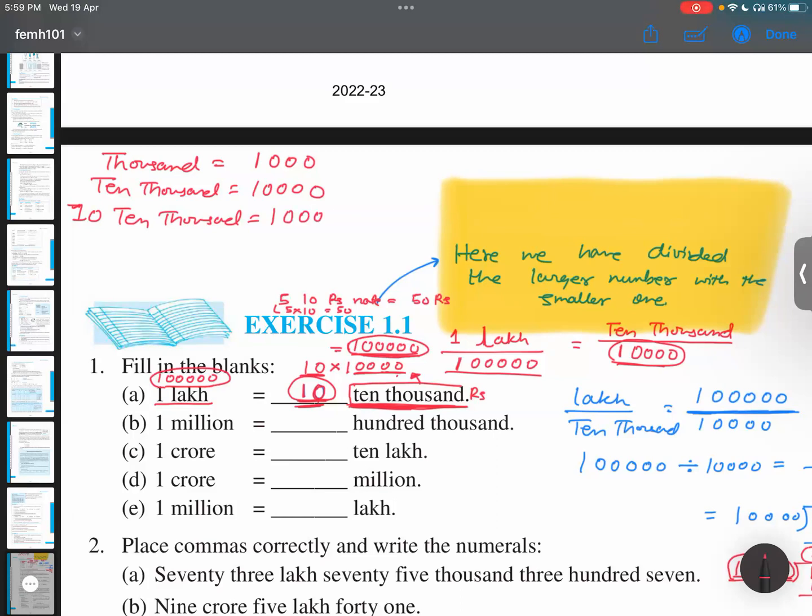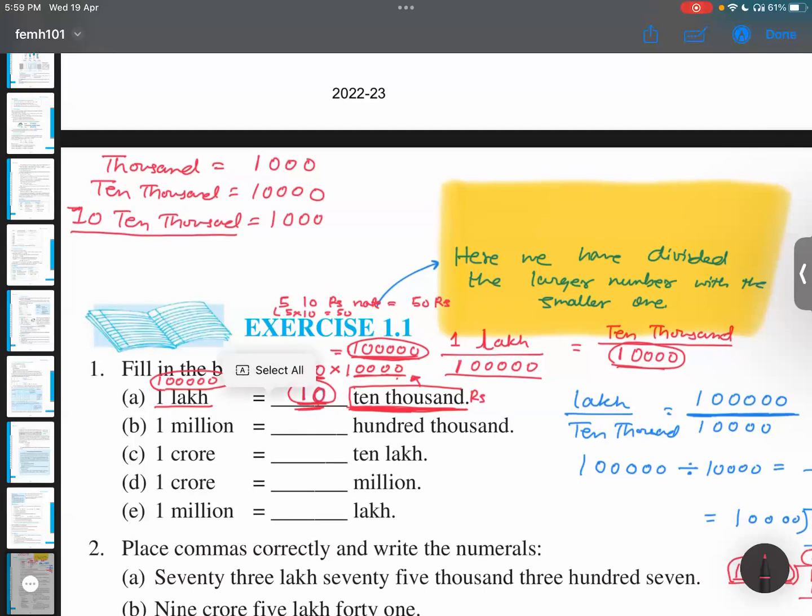No, 10,000. Yeah, in rupees. How much will it be? It'll be 1,000 rupees then. No, you're getting it wrong again.